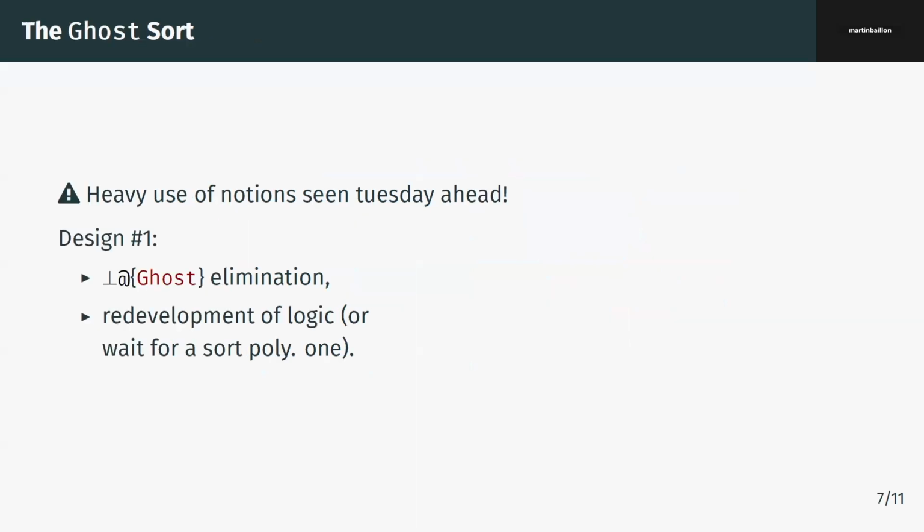So we still have multiple designs that we consider for the Ghost sort. The first one is that Ghost only has large elimination on False, but it would likely mean a redevelopment of the logic inside the Ghost sort, except if we wait for a sort polymorphic one, which will be arriving soon also.